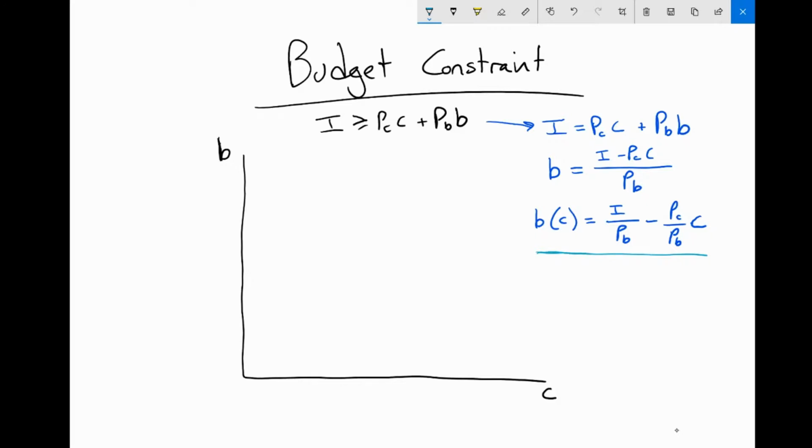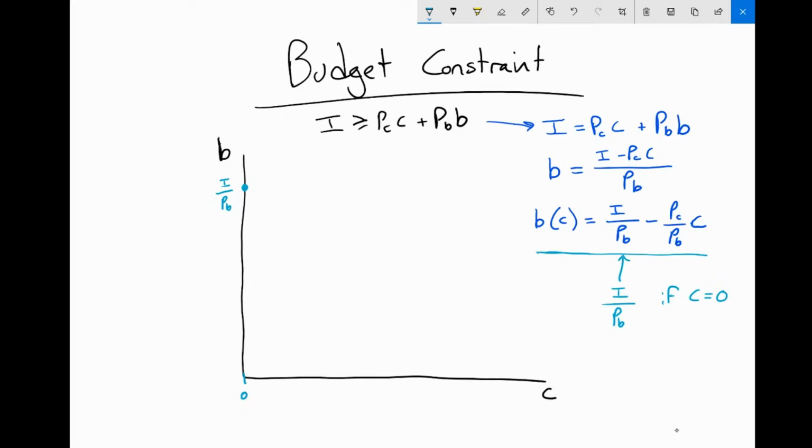Let's take a look at this. The intercept is here: it's I over PB. If C equals 0, then the budget constraint will be here at income divided by PB. This would be if I bought no cups of coffee and spent all of my income on bagels.